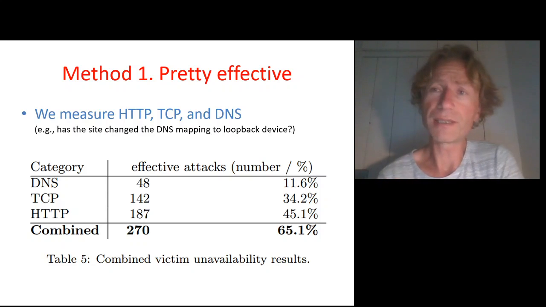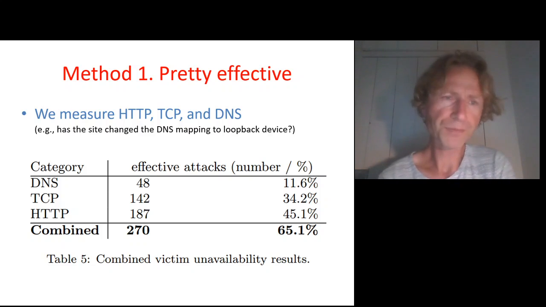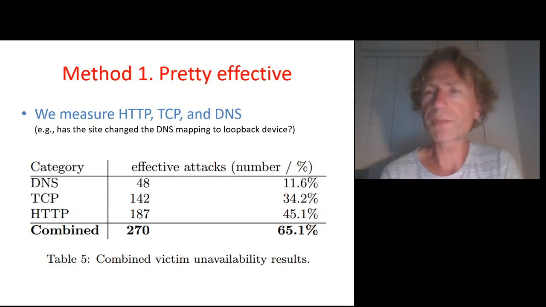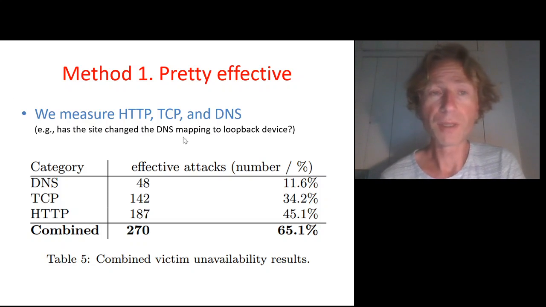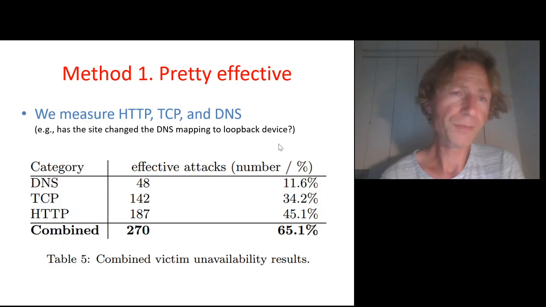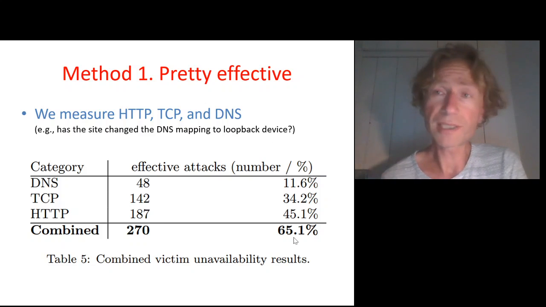So you make the DNS mapping point to maybe something special, or something else, right? And the something special, by the way, if you change the DNS mapping, could be mapping it to a loopback device or so. Anyway, so on average, we find that in some 65% of the cases, there was a very noticeable effect on the victim.